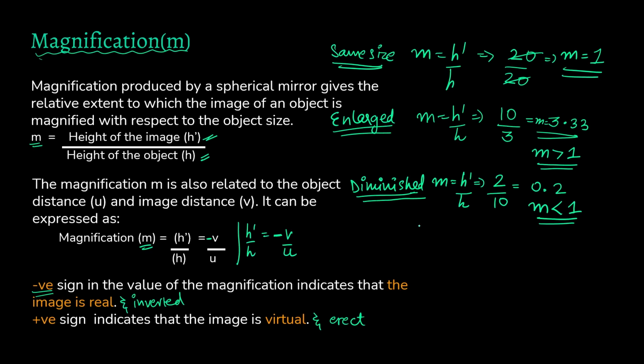Why is that? Negative sign means that the image is real and inverted. Say this is the object AB. What does real and inverted mean? Say our image is formed here, A dash and B dash. So why is the m negative? What did I tell you just before this when we were doing sign conventions?